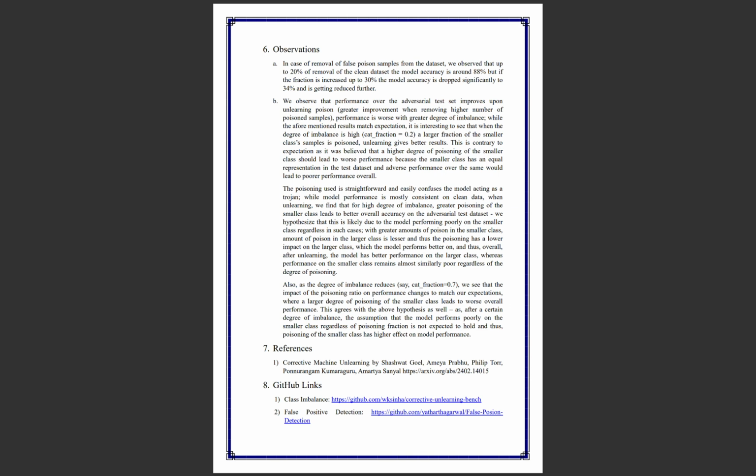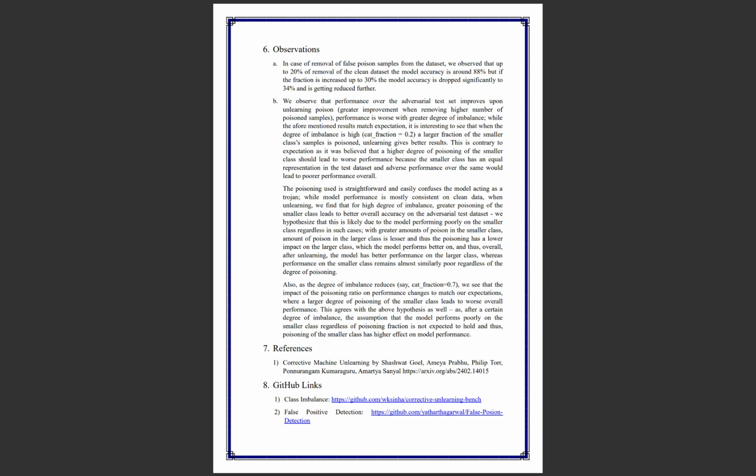The poisoning used is straightforward and easily confuses the model, acting as a Trojan or a shortcut. While model performance is mostly consistent on clean data, when unlearning, we find that for a high degree of imbalance, greater poisoning of the smaller class leads to better overall accuracy on the adversarial test dataset.